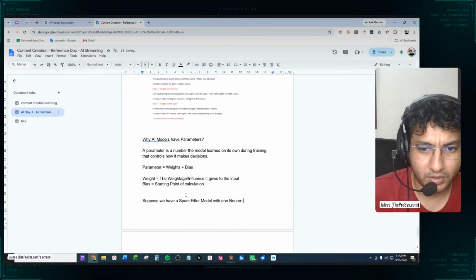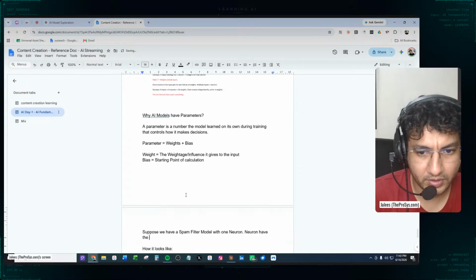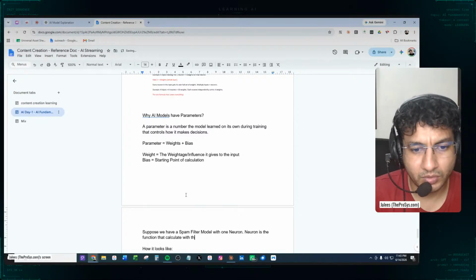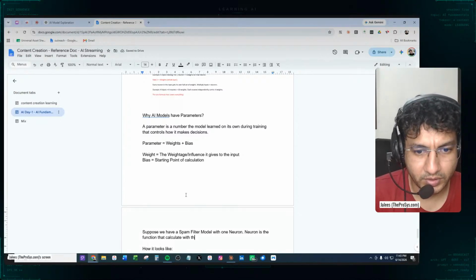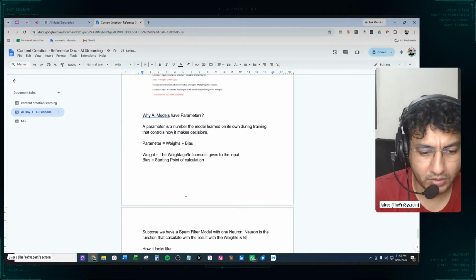Okay, neuron is the function that calculates the result with the weights and bias.